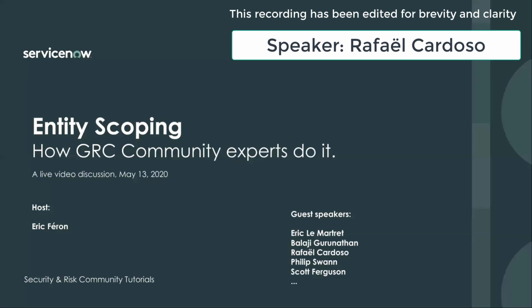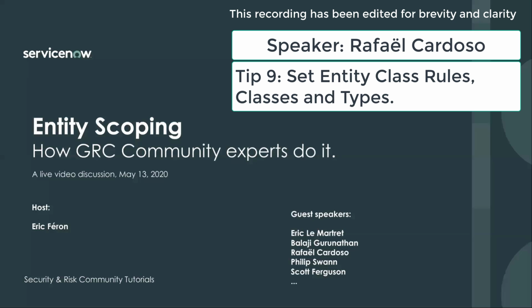In terms of entities, and when we do approach a customer, the first thing that you should do is always start by the entities, define entity class, define the rules, define the type. It's very important because in the future, as soon as things get complex, you're going to skip that step. If you don't define it at the beginning, you're going to have entities without any kind of class.